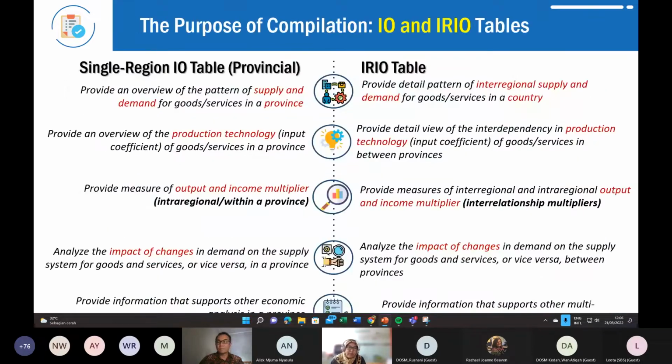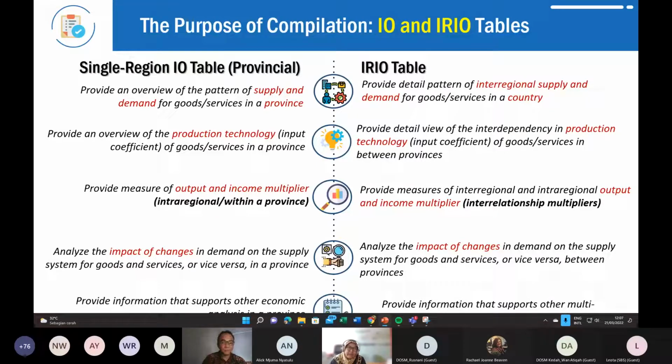And then from the literature that we got, we see the purpose for compiling IRIO and IO tables are quite similar. In IO table we can see that this table depicting the interrelationship between supply and demand in a province.